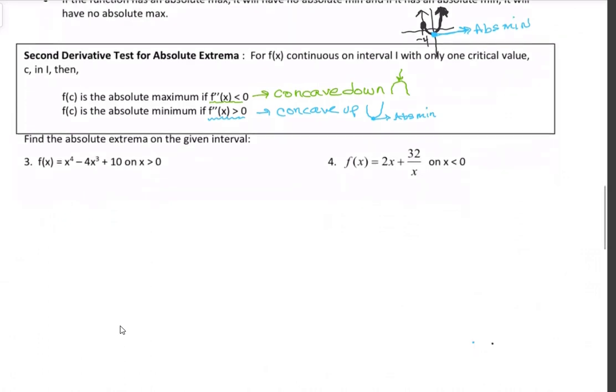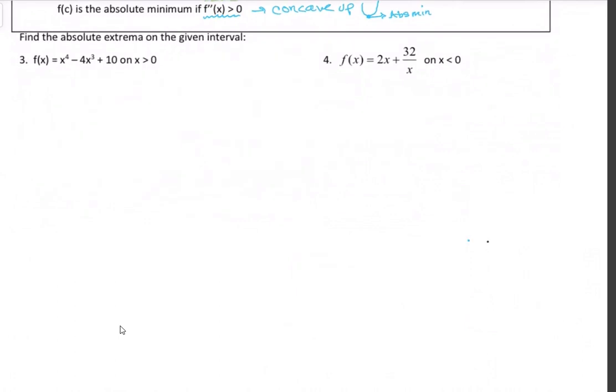You will know the difference between these ones and the ones that I did previously by the interval. Notice that in this example number 3, my interval is an open interval that starts at 0 and goes to infinity. So I only have one endpoint in my interval. The first couple of steps are the same as they were in the previous examples. I need to determine the critical values that fit this interval.